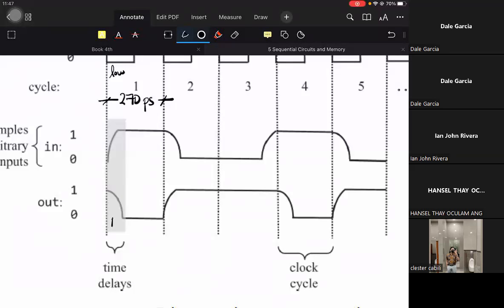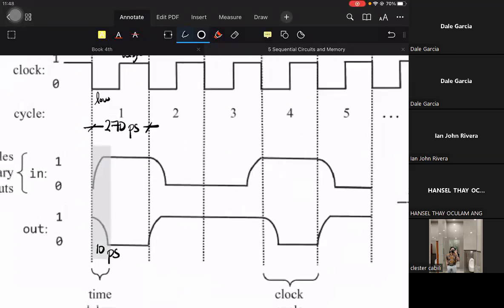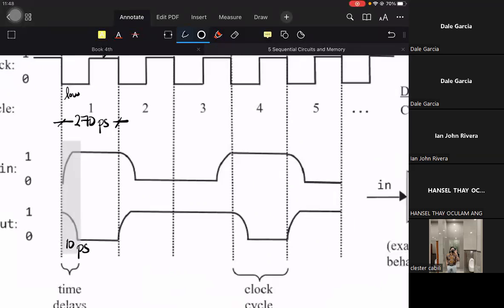So maybe 10 picoseconds is the delay. Sorry, that's too small. Let's just say the delay is 200 picoseconds, so I think that's good enough.